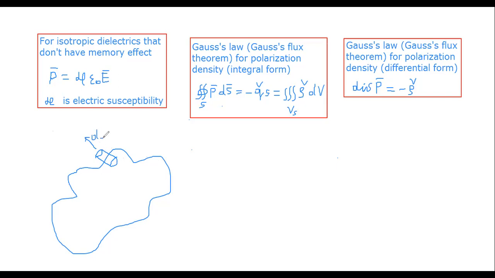This cylinder is infinitely small, and the base of cylinder has area dS. Let's use Gauss law for this cylinder that we have drawn.